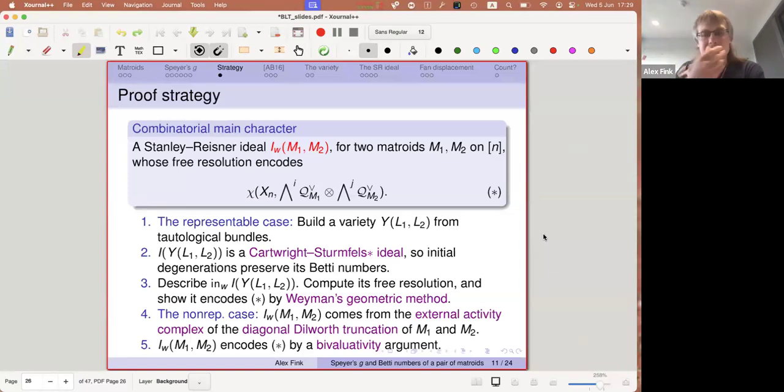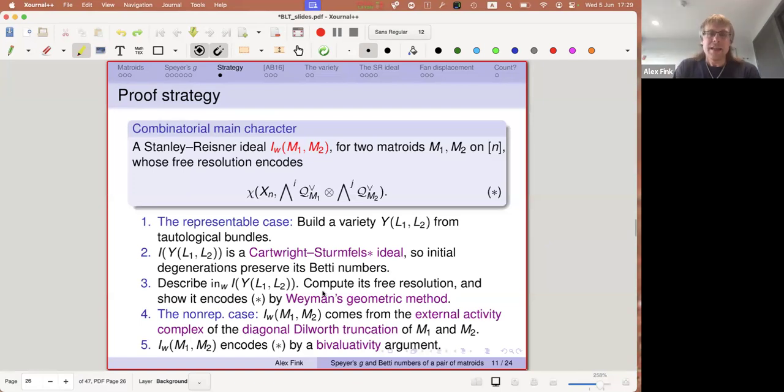It turns out that our variety has this property, and one of the consequences is that if we take the initial degeneration we want, the shape of the free resolution doesn't change. In principle, it could jump when we take an initial ideal. Here it doesn't.